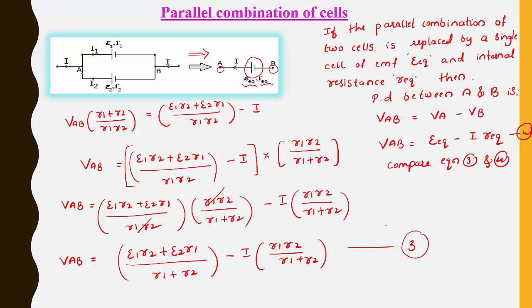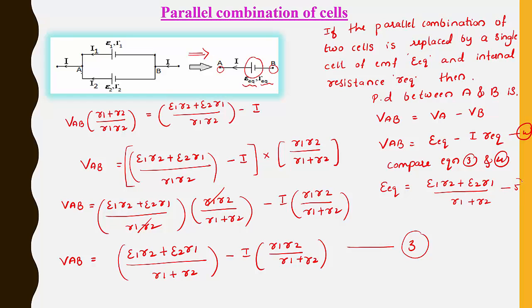Equation 3 is for two cells connected in parallel. Equation 4 is for the single cell which is equivalent to the parallel combination. Let us compare equations 3 and 4. So we can write E equivalent is equal to E1 R2 plus E2 R1 divided by R1 plus R2.